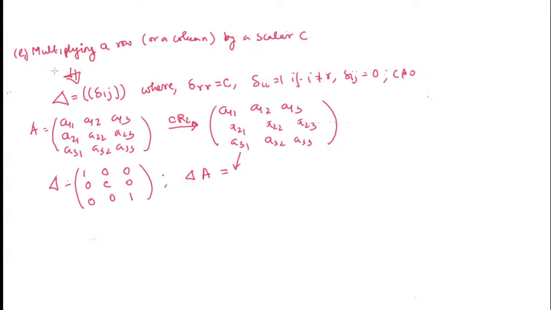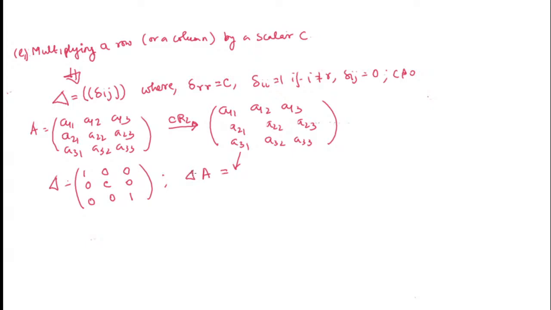See, I define E1 operation means row or column, left matrix means this delta.